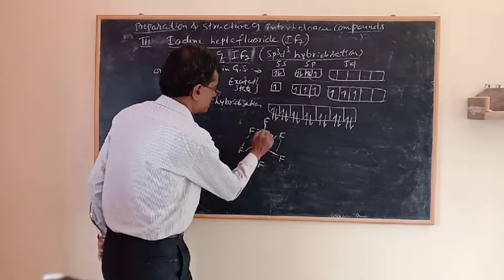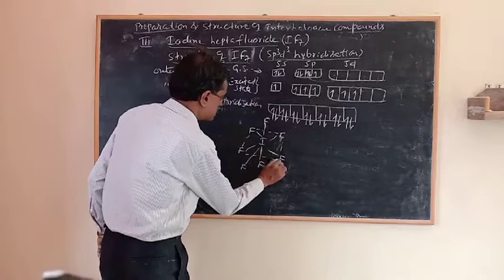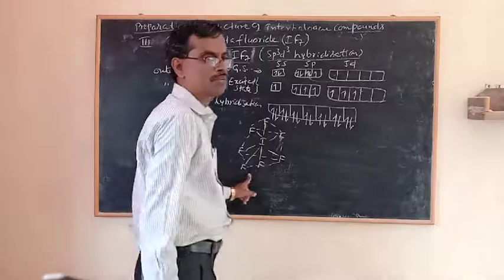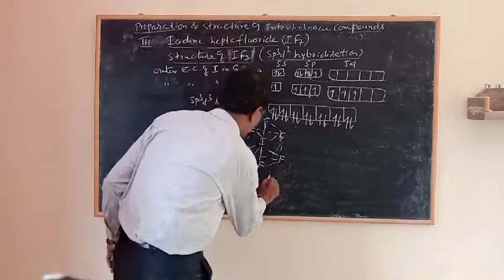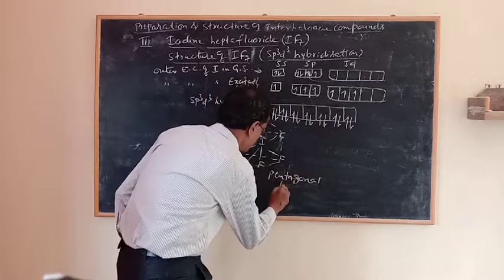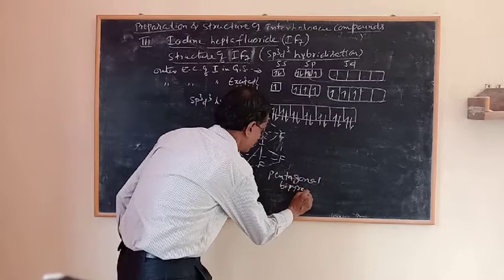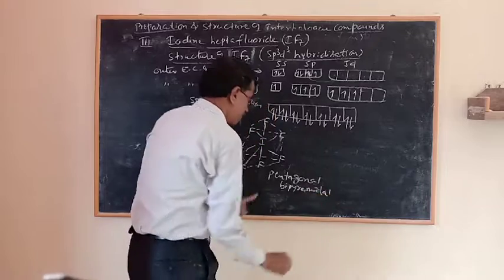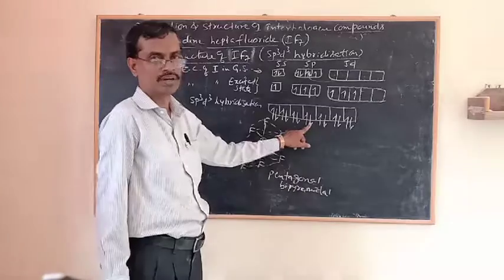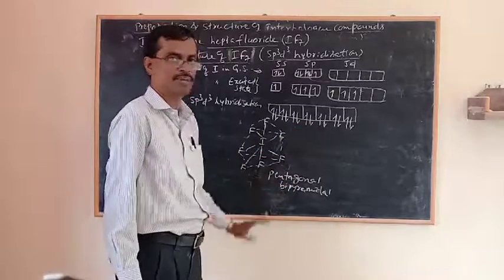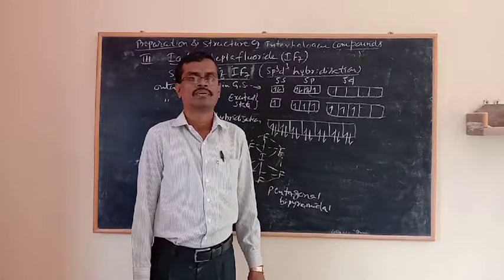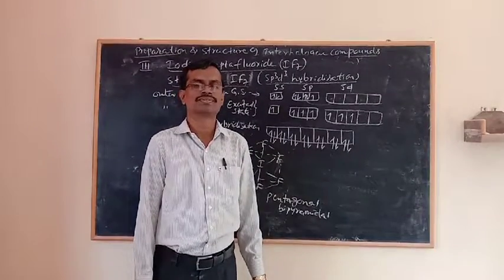We join this, we will get the structure. A type of structure called pentagonal bipyramidal. Penta 5 plus 2, so 7 pairs of electrons are there in this. It is a shape of pentagonal bipyramidal. Hope you understood this. Thank you all.